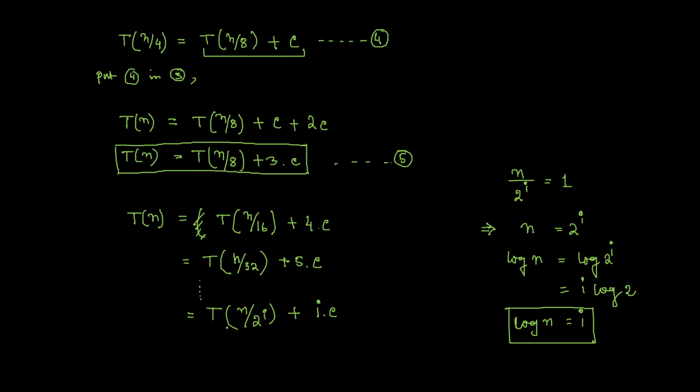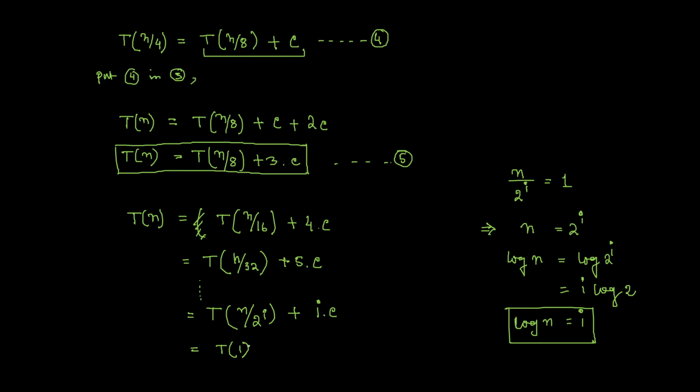Now if you put this over here, since we have assumed that we reach the situation where it is equal to 1, so basically it is T of 1. That is the time taken to execute a binary search on only one data.